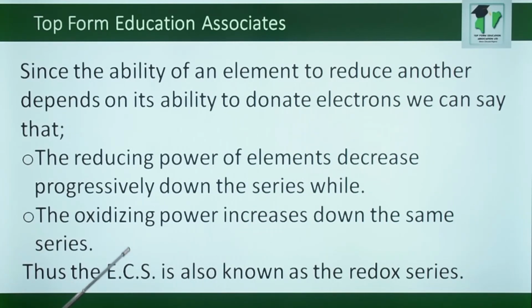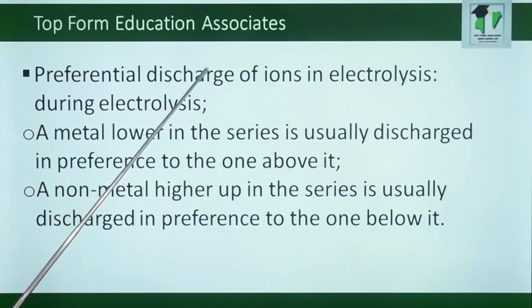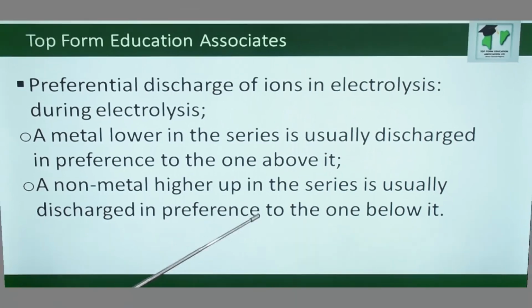Thus, the electrochemical series is also known as the Redox series. Preferential discharge of ions in electrolysis. During electrolysis, a metal lower in the series is usually discharged in preference to the one above it, while a non-metal higher up in the series is usually discharged in preference to the one below it.